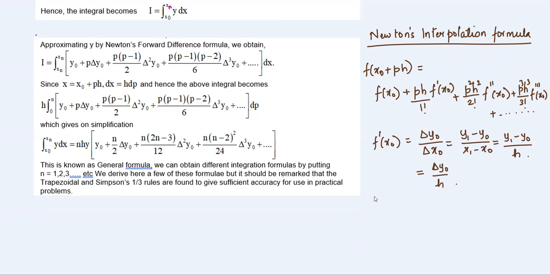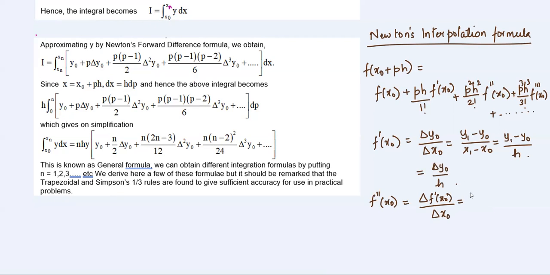Okay. Now what will be f double dash x naught? F double dash x naught will be delta of f dash x naught by delta x naught. Second difference.